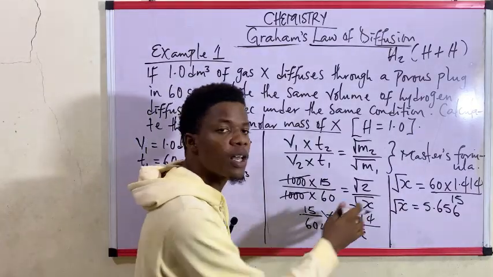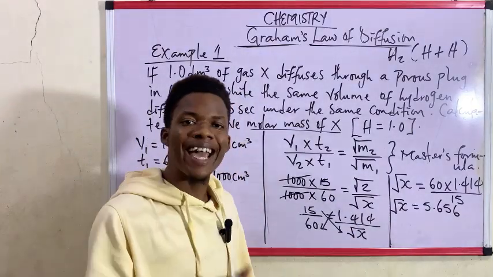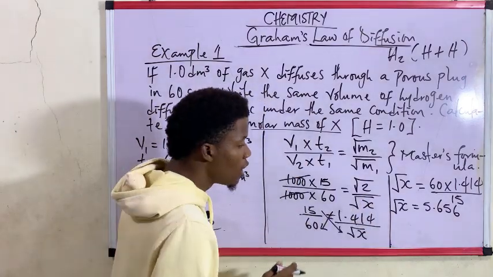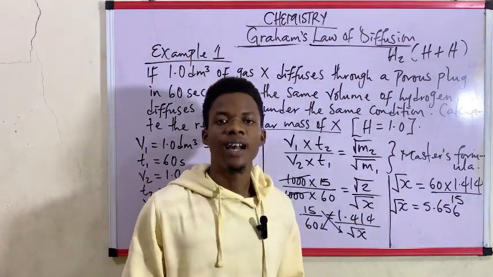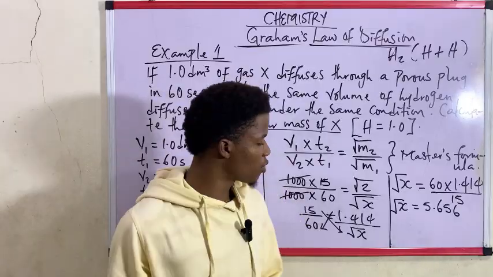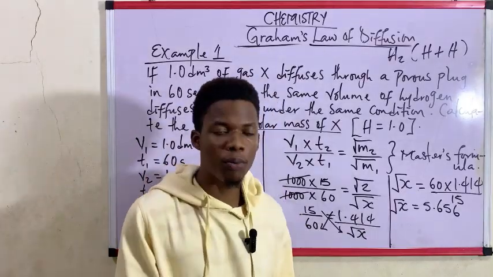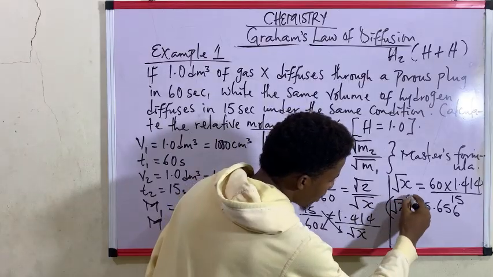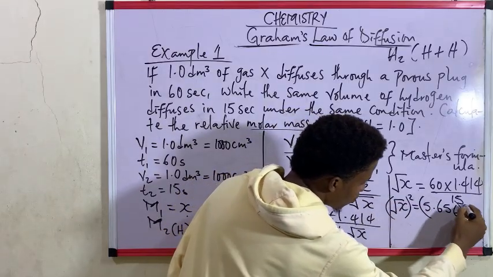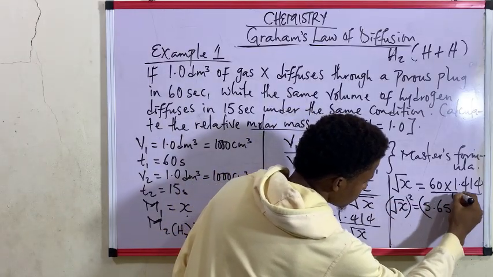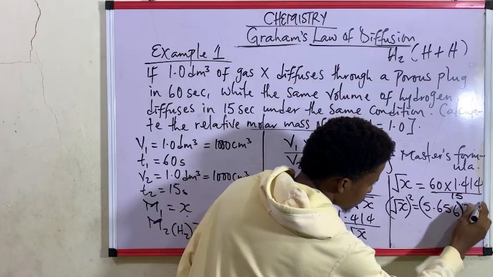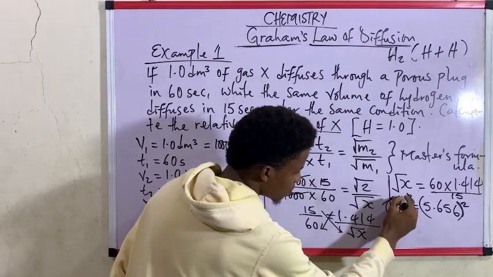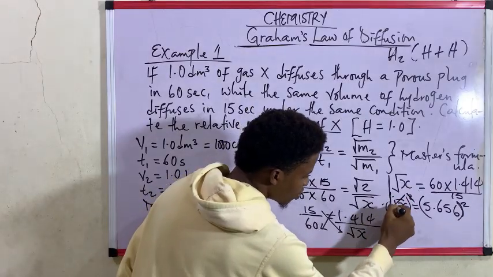No, this is not our final answer. Now we are looking for x, not root x. So how do we remove this square root? We simply take the square of both sides. To eliminate the square root, we simply square both sides. So by the time I decide to square here, and I square this guy, this square cancels this square root.